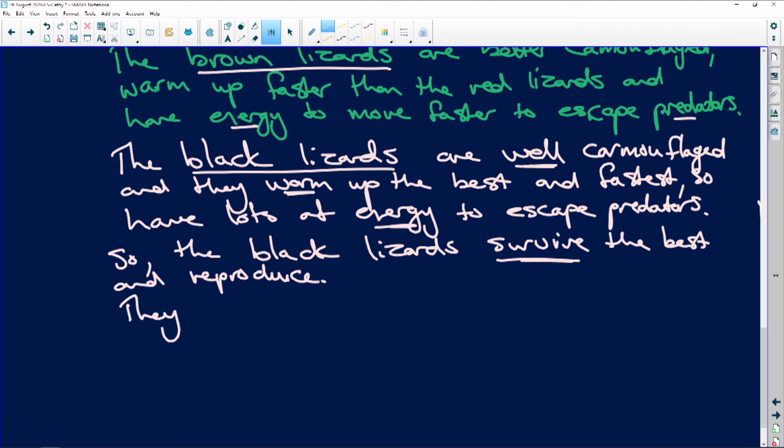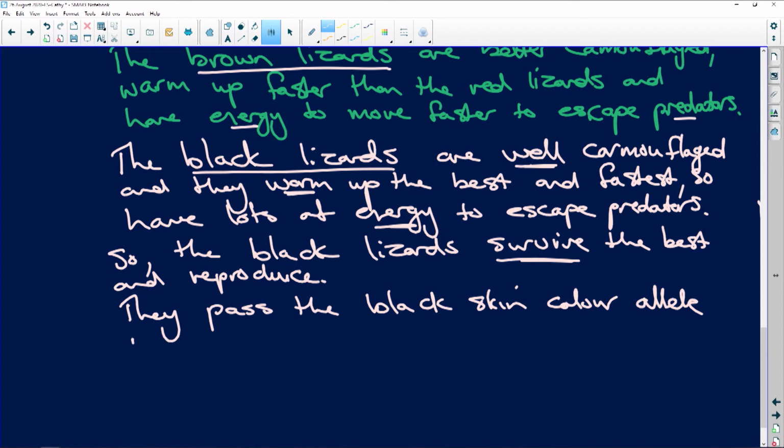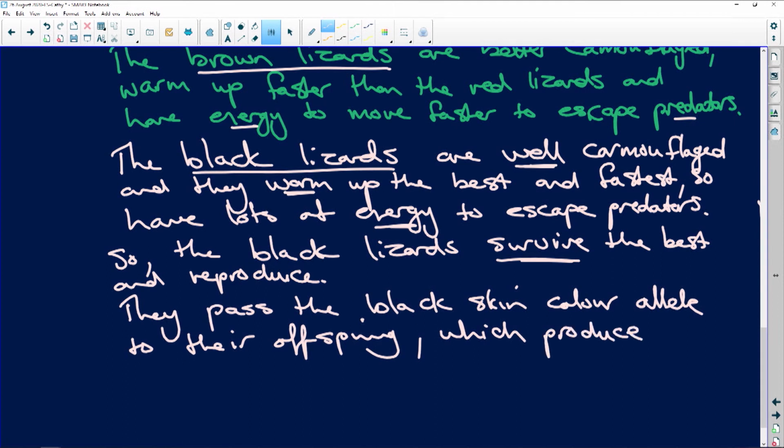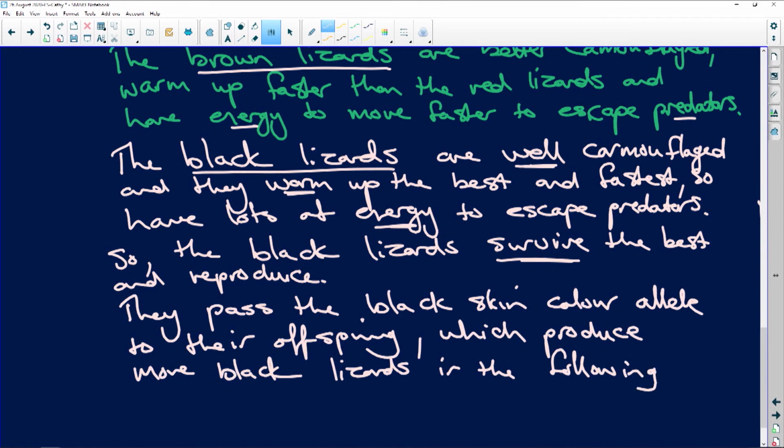They pass the black skin color allele to their offspring, which produce more black lizards in the following generations. Okay, so that's full marks for this question.